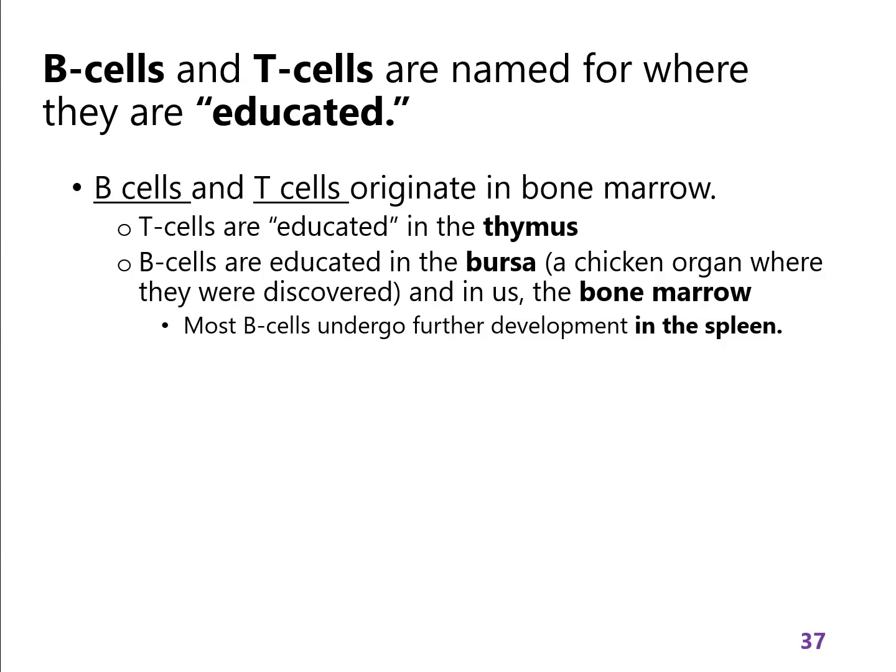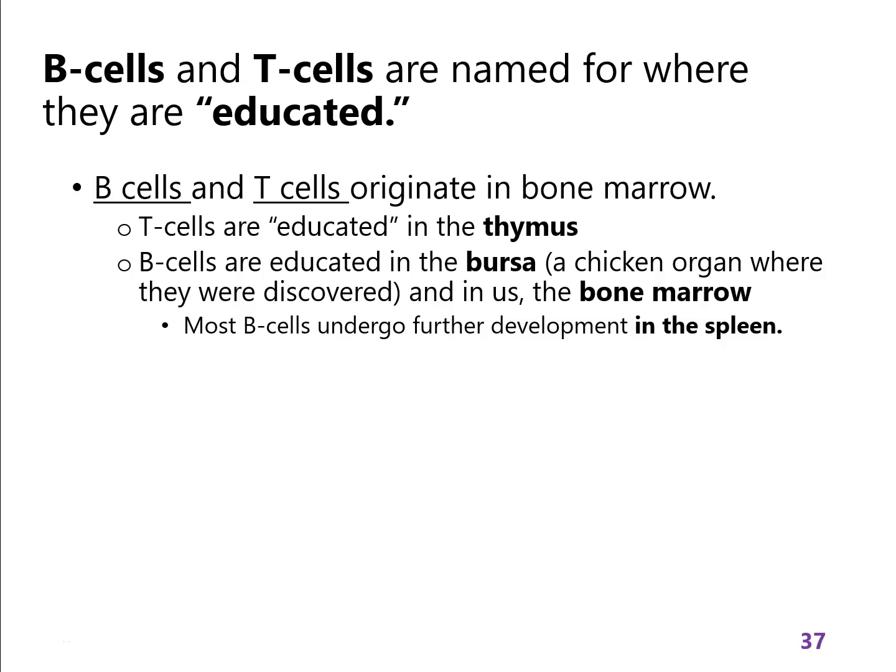They're named for where scientists have found them and where they're educated. So T cells go through an intense education process in the thymus. So T for thymus. B cells, or B lymphocytes, were found, I think for the first time, in the bursa, which is a chicken organ that humans don't have.